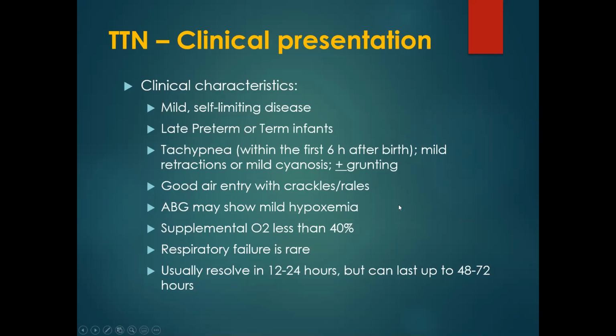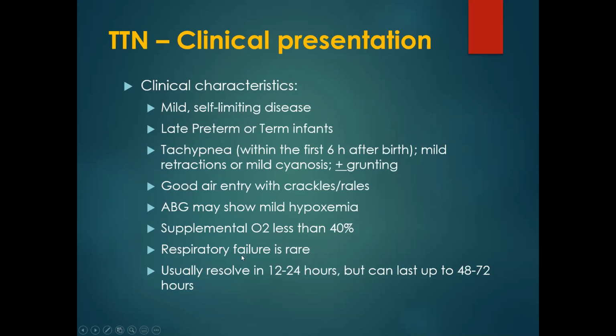Oftentimes the ABG is normal because they breathe so fast they don't retain much CO2, but when they do, it's a reflection of how severe their TTN is. They may require supplemental oxygen, but in general it's 40 tops. My cutoff is 30, but any baby who requires more than 40, 50% probably has more than just TTN.